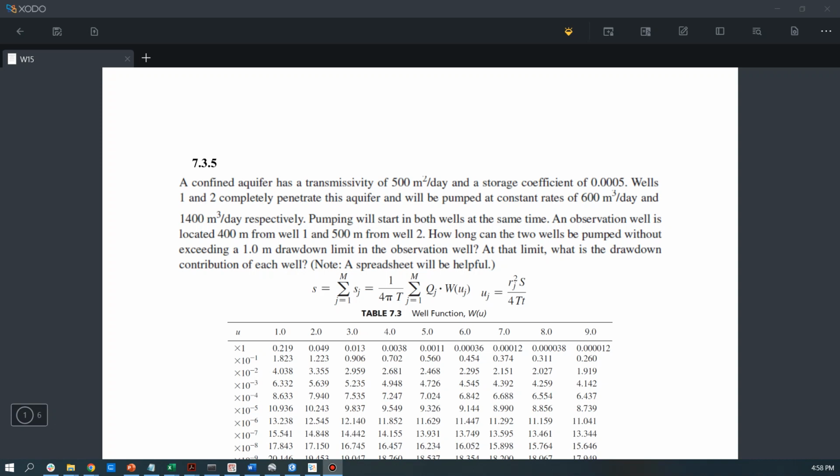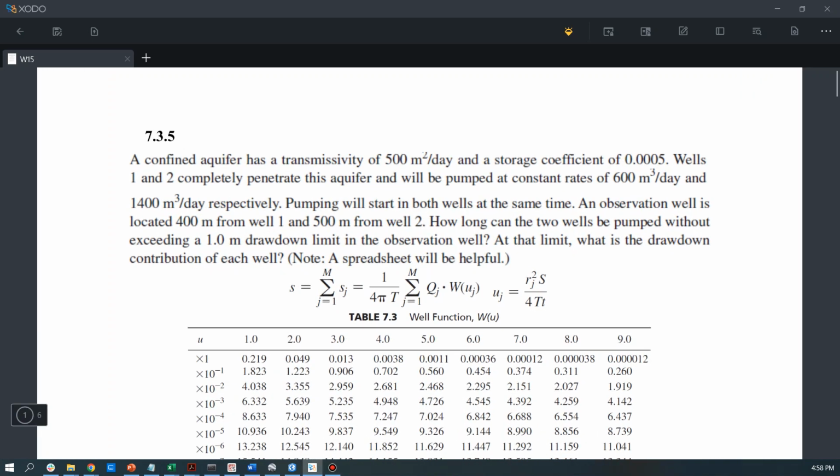So let's get started. Let's first look at the first problem, problem 7.3.5. The problem says we have a confined aquifer with a transmissivity of 500 meters squared per day and a storage coefficient of 0.0005.